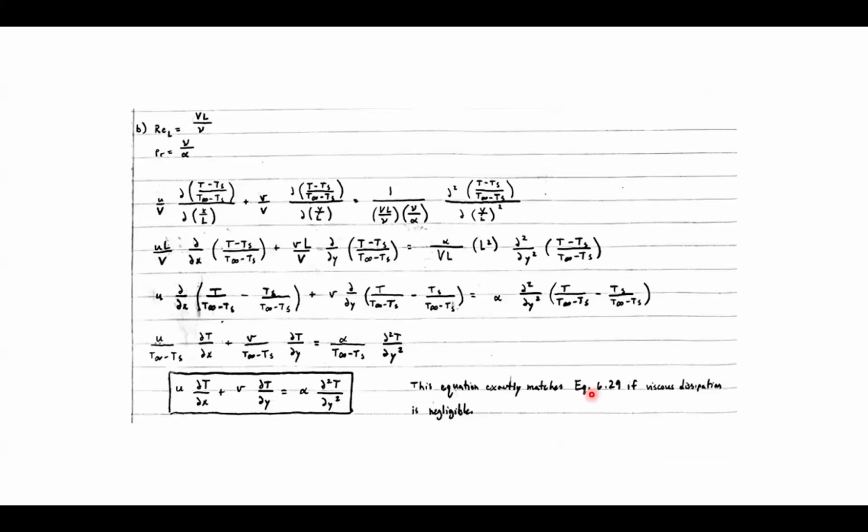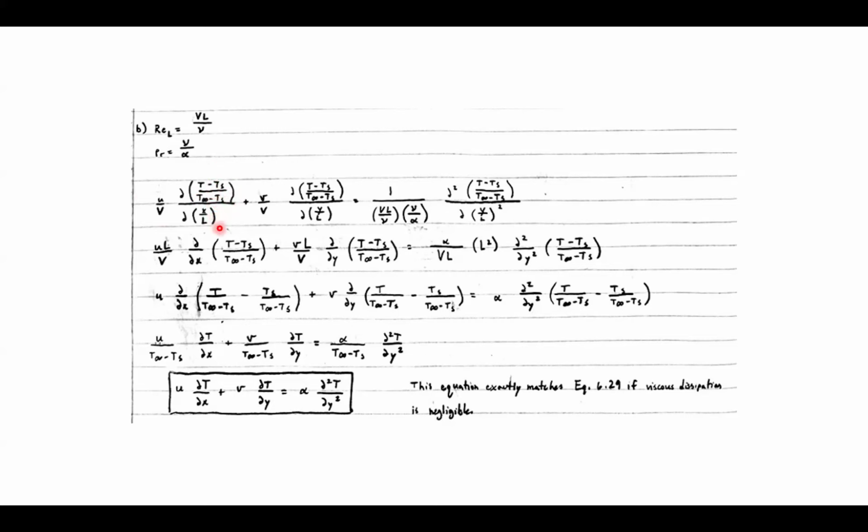For part B, we have equation 6.36, and when we substitute in equations 6.32 and 6.33, we can arrive at this equation right here. And to simplify these differentials, you can assume that the denominators in both the numerator and denominator differential terms are constants.